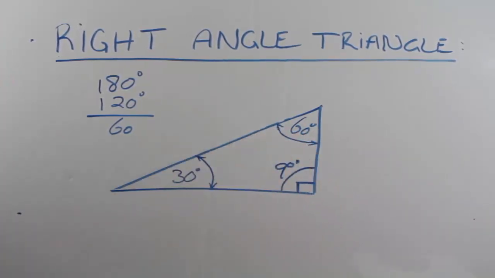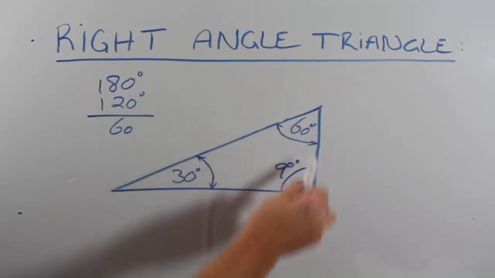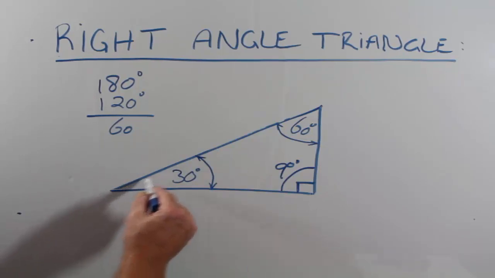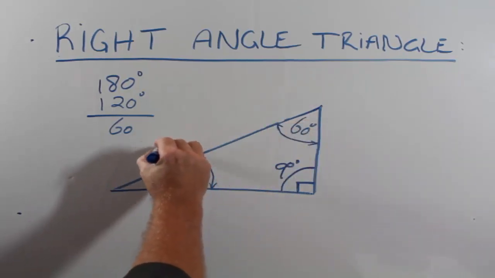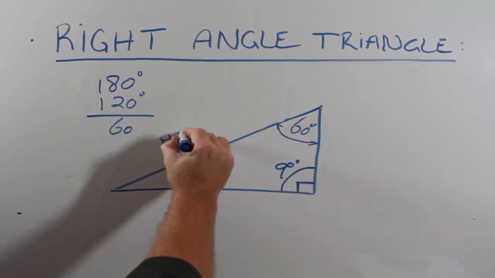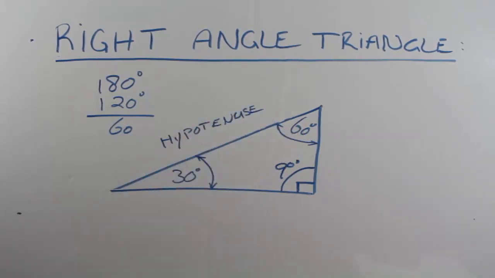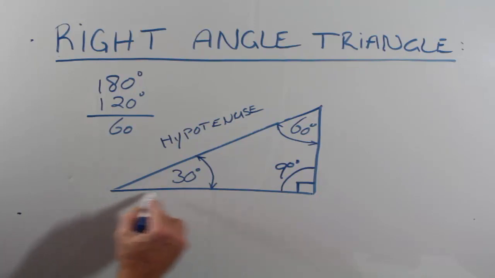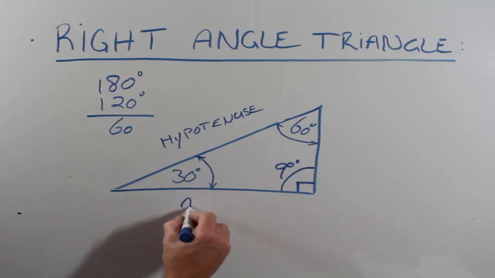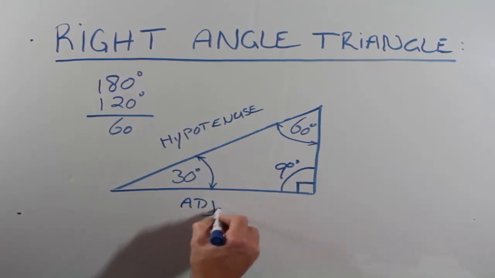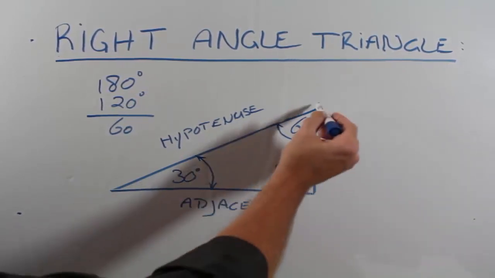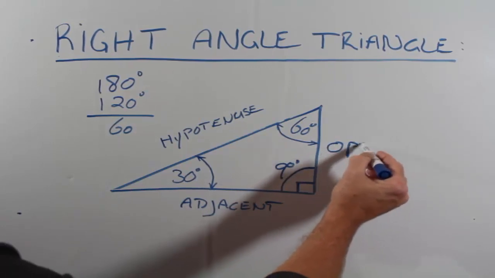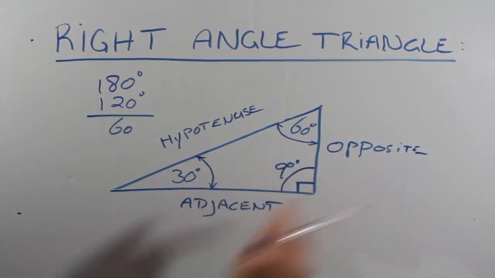Now we have 3 sides to the triangle, and the long side right here is always going to be called the hypotenuse. And then let's say that we are working with this 30-degree corner, then this leg would be considered the adjacent, and the opposite leg of the 30 degrees would be called the opposite side.